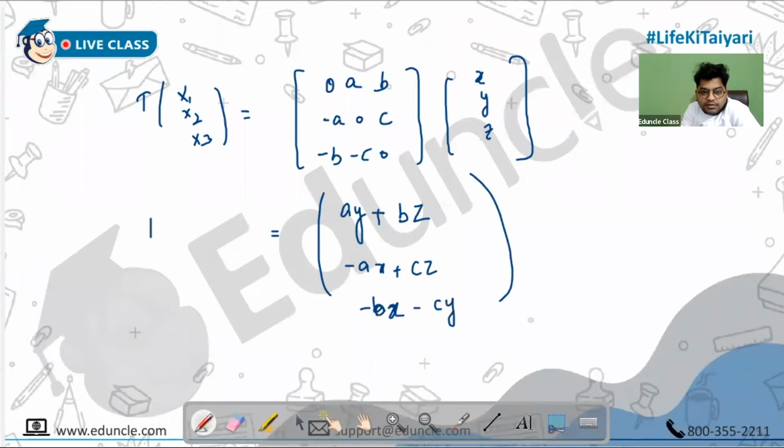So is it clear what a linear transformation is? Linear transformation is clear, I think.